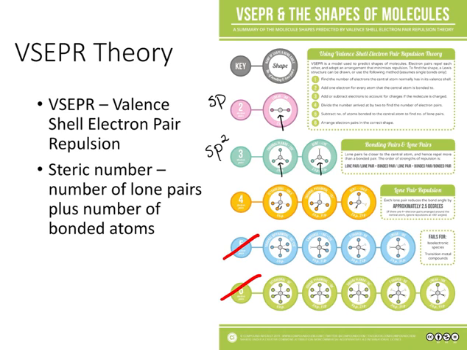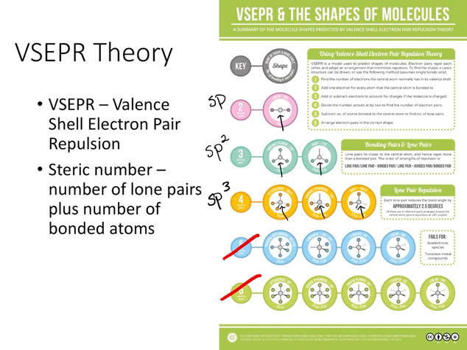And if we have central atoms with a steric number of 4, those are sp3 hybridized. Now, we're going to get into hybridized orbitals a little later in this video, but this is just something to keep in mind as we go forward.